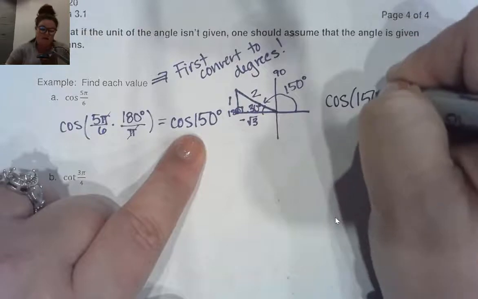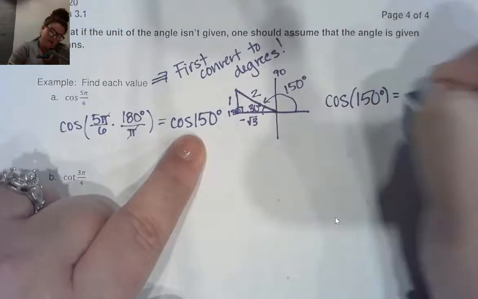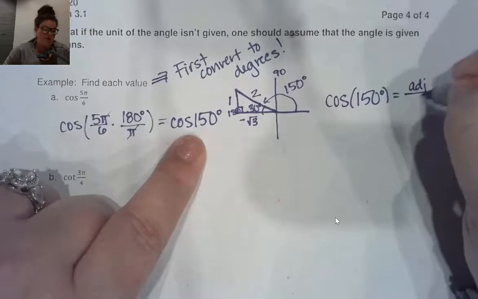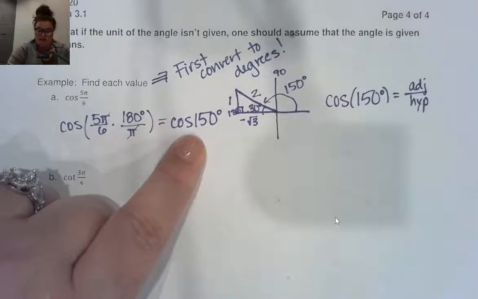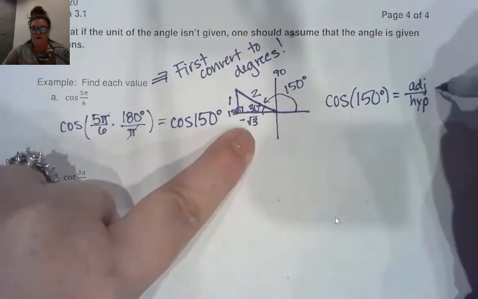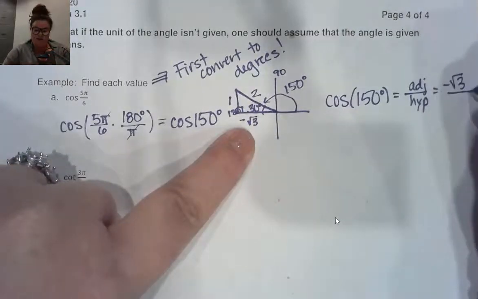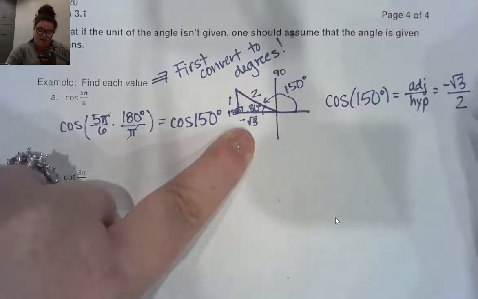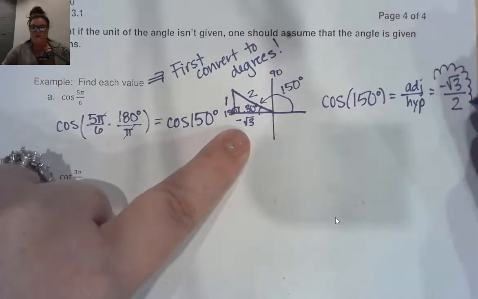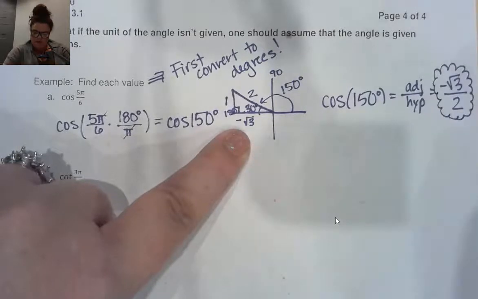Okay, so I just need to calculate the cosine of 150. We know that cosine is adjacent over hypotenuse, right? So here, if I do the adjacent side, that gives me negative square root of 3 over my hypotenuse, which is 2. Okay?